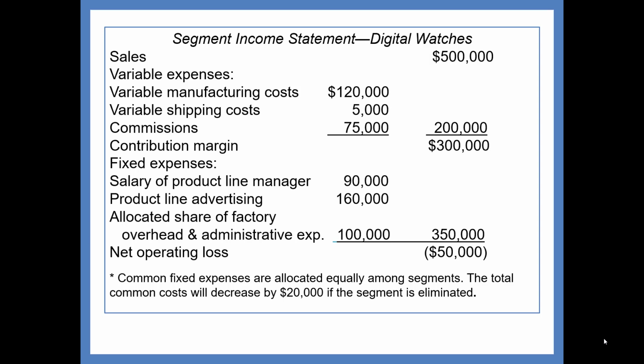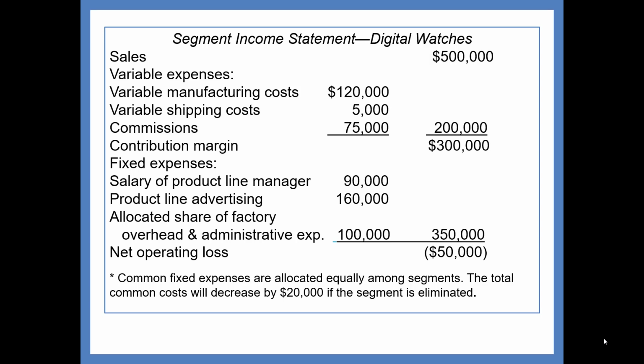And with sales of $500,000, that leaves a contribution margin of $300,000. Then we have our fixed expenses, salary of the product line manager, product line advertising, and an allocated share of factory overhead and administrative expense of $100,000. This gives us total fixed cost of $350,000 and a net loss of $50,000.